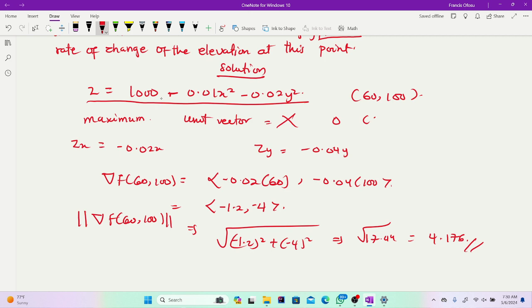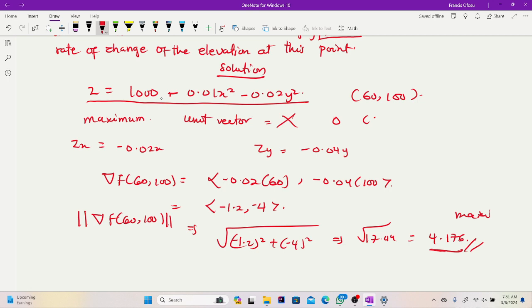So this happens to be the maximum directional derivative of our rate of change of the elevation. You should take note that whenever you do a directional derivative, you should end up getting a scalar, because it's the dot product of the unit vector and our partial derivatives. So our maximum directional derivative is simply the absolute value of our partial derivative at that particular point.